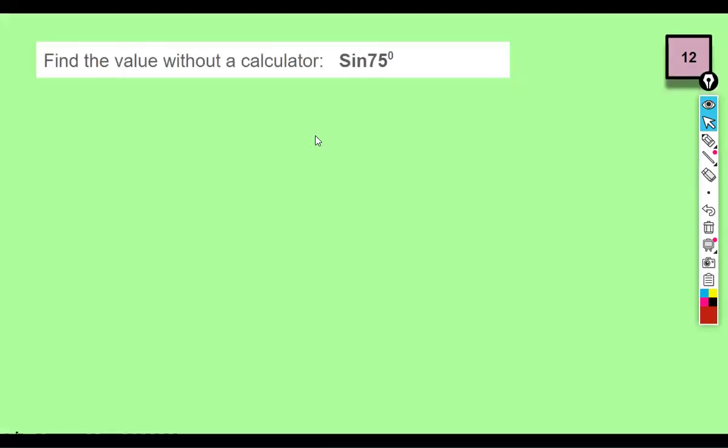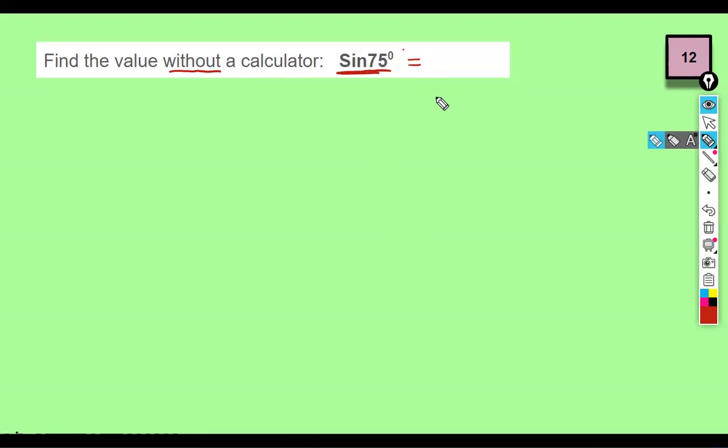All right, so here's your first question. You have to try to figure out the value of sine 75 without a calculator. Now, just for fun, I want everyone to type in sine 75 on their calculator and tell me what decimal you get. Then we're going to see if we can get the same answer without a calculator.